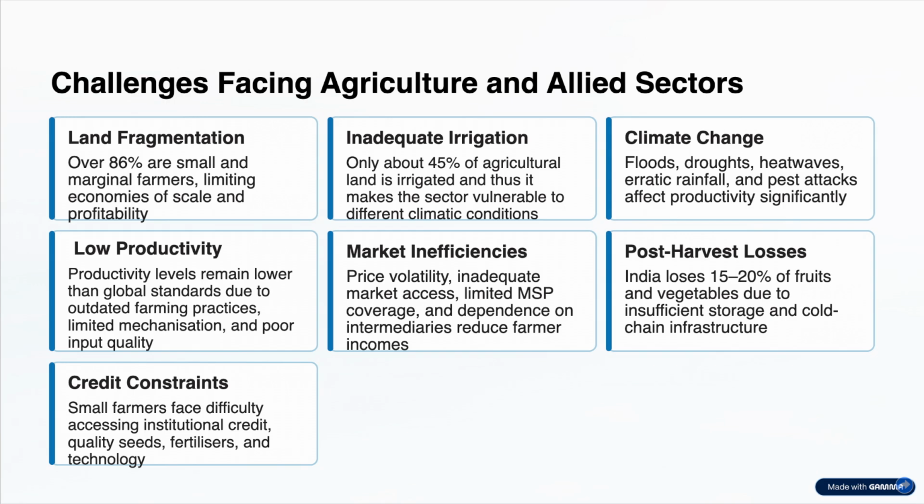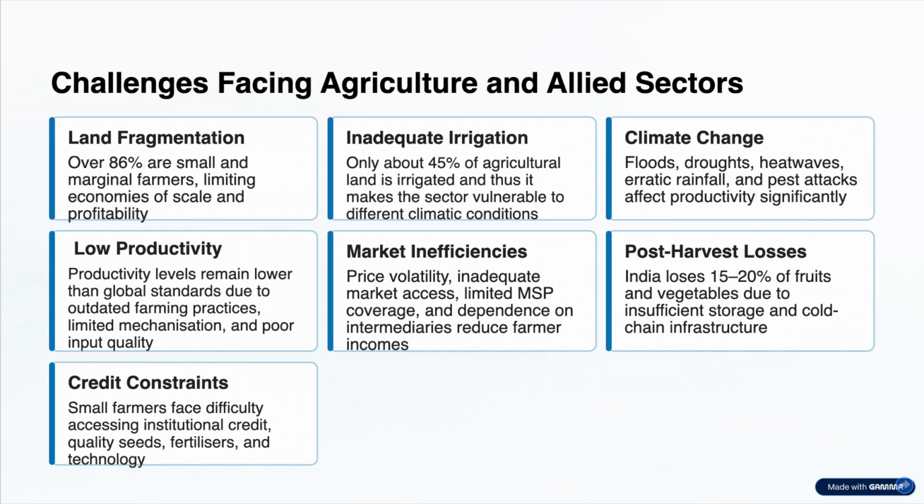Next is low productivity. This remains lower than the global standard due to outdated farming practices, less involvement of higher technology, limited mechanization, as well as poor input quality. Then the next is market inefficiency, that is price volatility, inadequate market access, limited MSP coverage, and dependence on intermediaries, which reduce farmers' income.